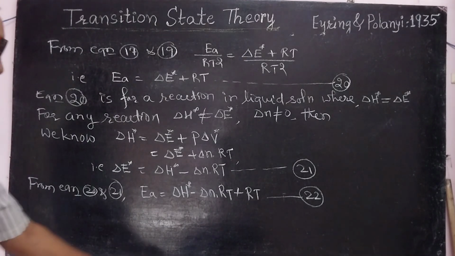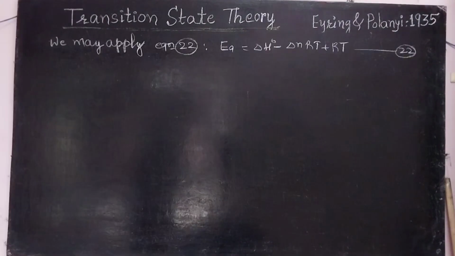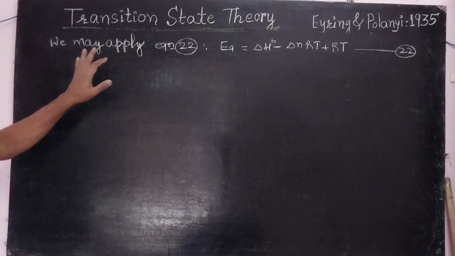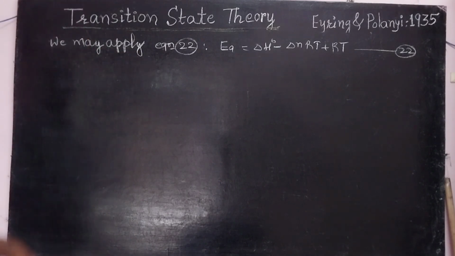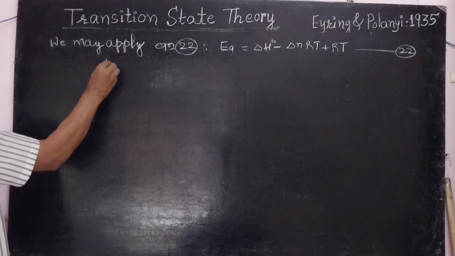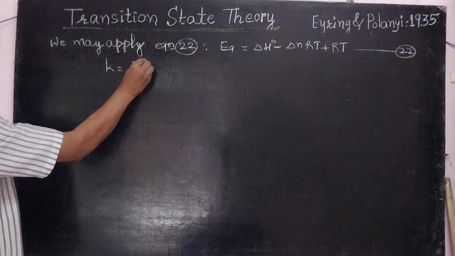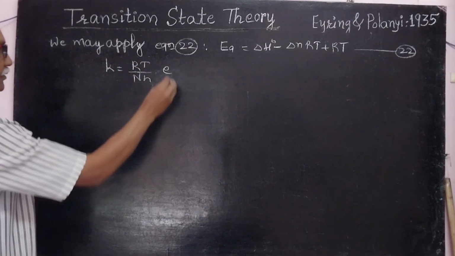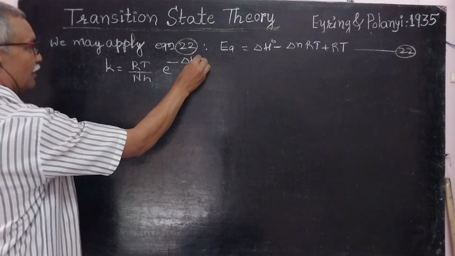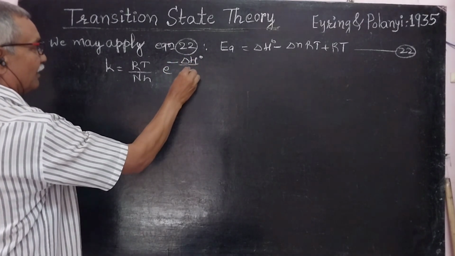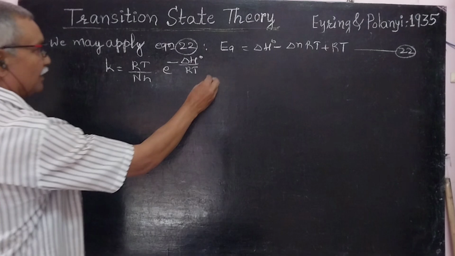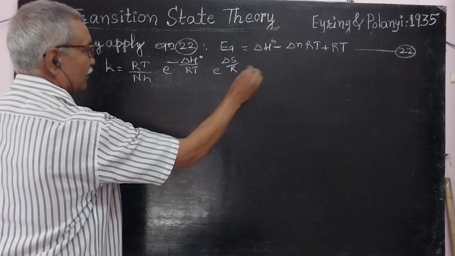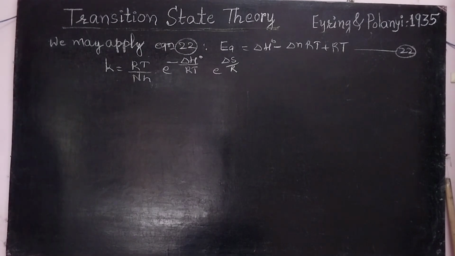In the case of solutions, delta N becomes equal to 0. Now, we may apply equation 22 to the above equation, that is, k equal to RT divided by Nh, e raised to minus delta H star divided by RT, into e raised to delta S star divided by R.